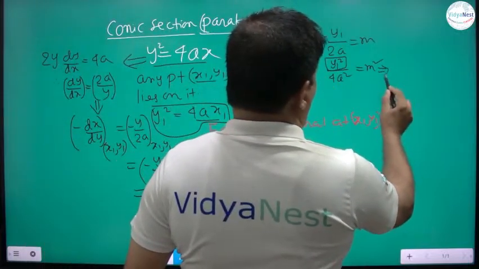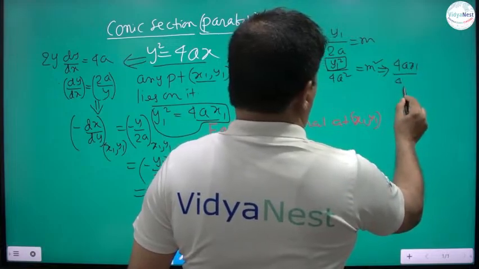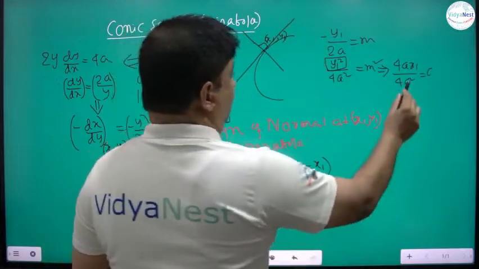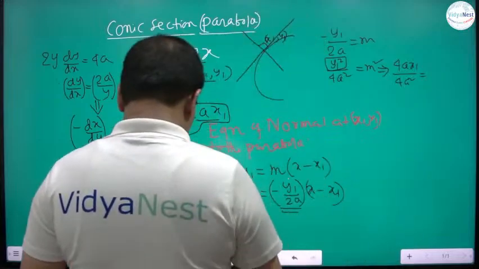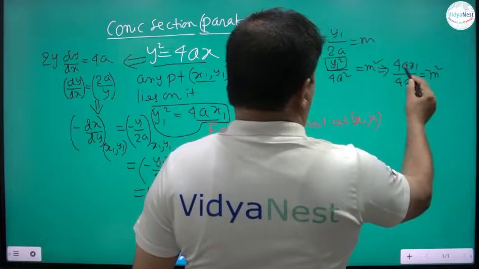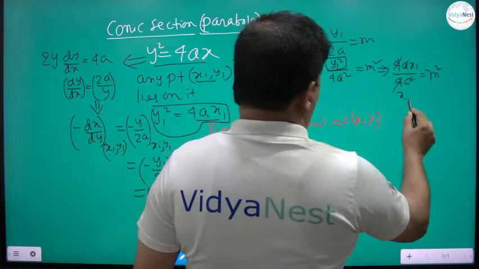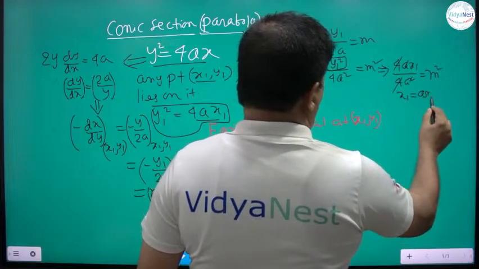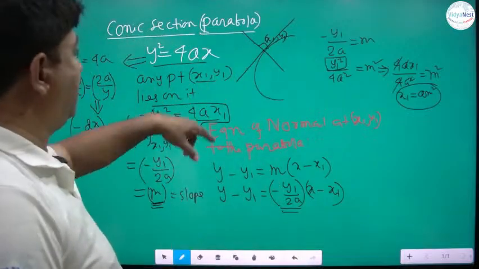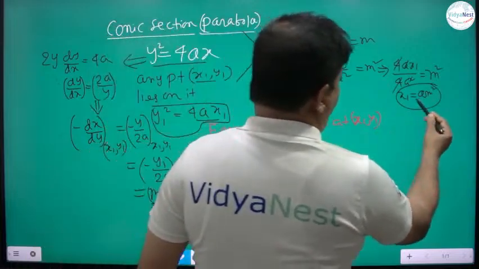That will give you 4ax1 by 4a square is equal to m square. Now 4 cancel, a cancel, x1 is m square. That means the point at which the normal is being drawn, its x component is m square.